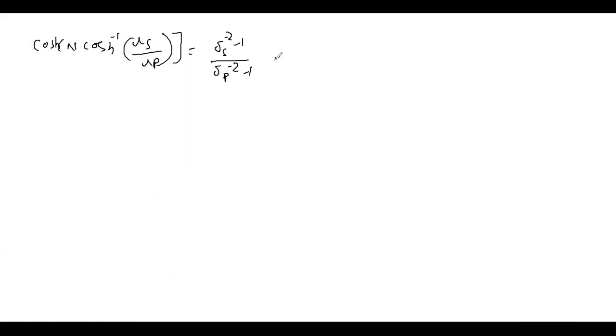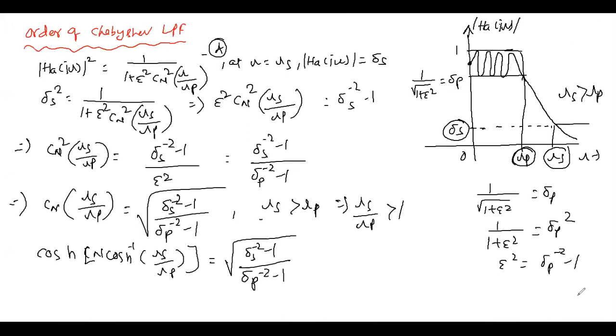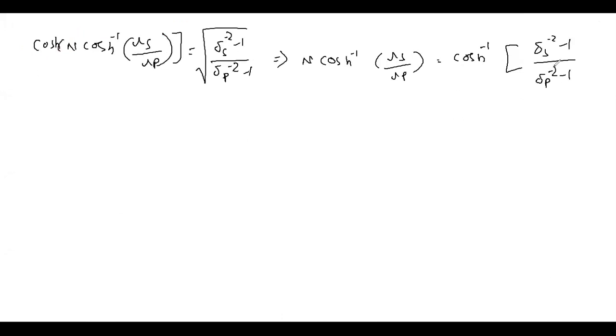Or I can write like this: cos hyperbolic inverse omega s by omega p, in this cos hyperbolic, I'll take the right hand side, cos hyperbolic inverse of del s minus 2 minus 1 divided by del p minus 2 minus 1. There is some mistake, yes or not? This is your square root.